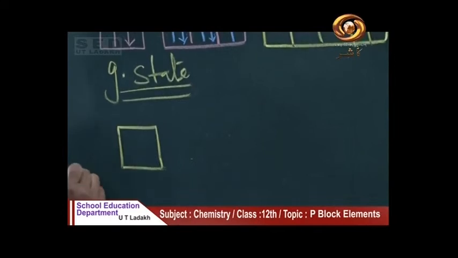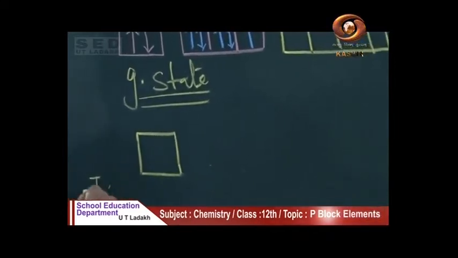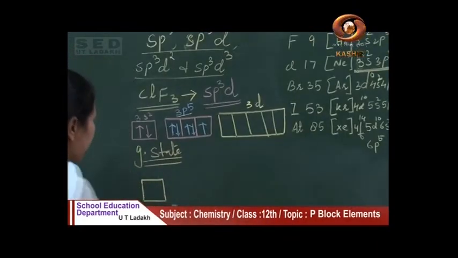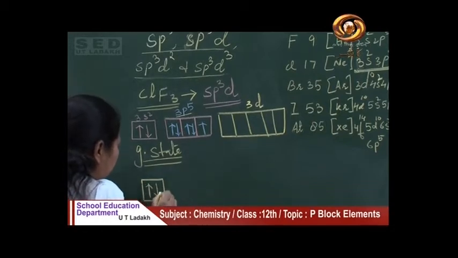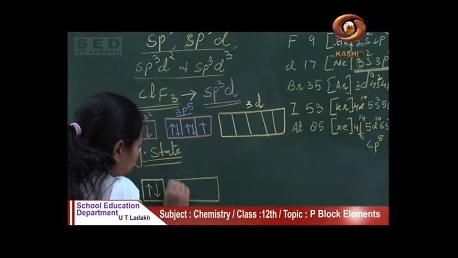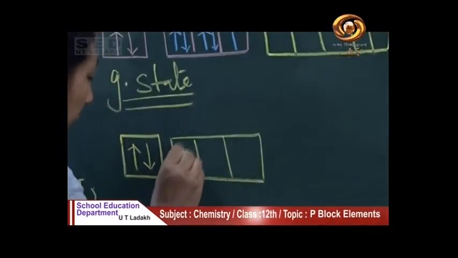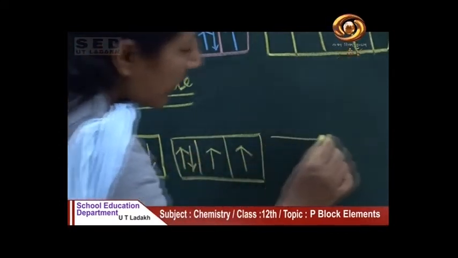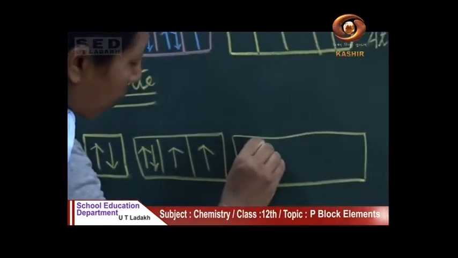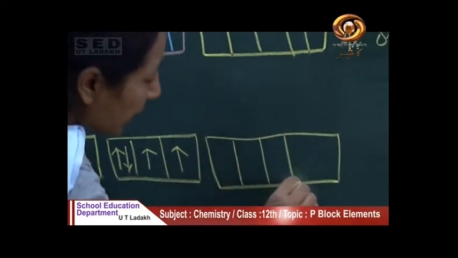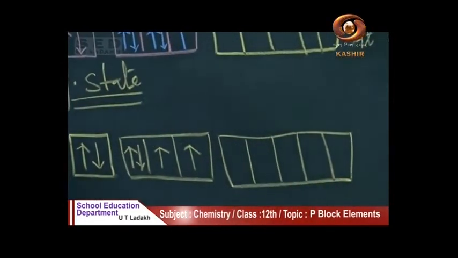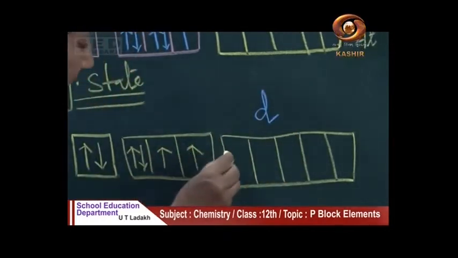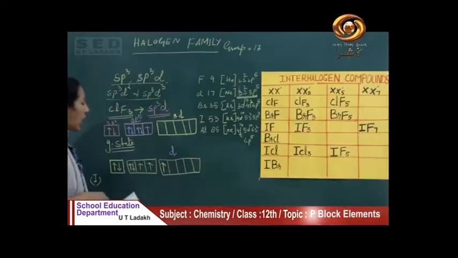Excitation means an electron should be excited to the next higher level, that is the d orbital. One electron should be excited to the next higher orbital.